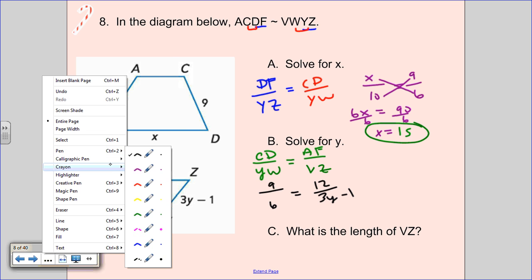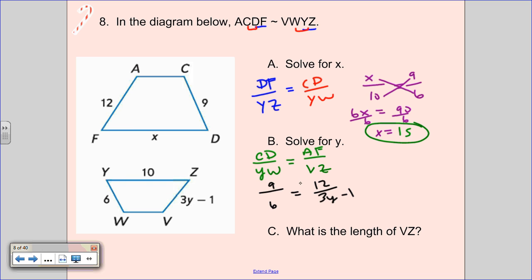Now again, we're going to cross multiply. Now when I cross multiply this 9 with 3y minus 1, I need to multiply 9 with 3y and get 27y. But I also need to multiply 9 with negative 1 and get a negative 9. And then now it's 6 times 12, which is 72.